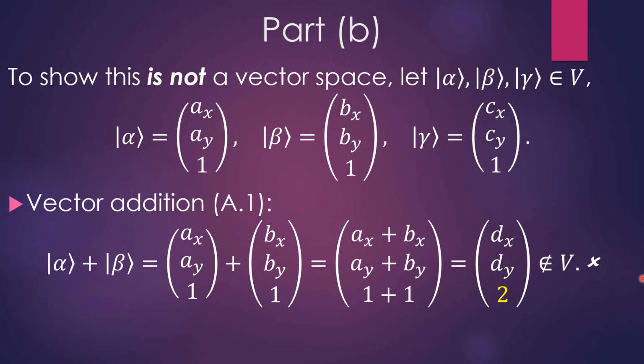So while a single axiom failure is sufficient to disqualify a set as a vector space, recognizing multiple failure points provides valuable insight into the nature of the abstract vectors and their associated spaces. Again, you don't want to go through the whole checklist every time. So if you can see where things might fail quickly, that's where you want to go to.